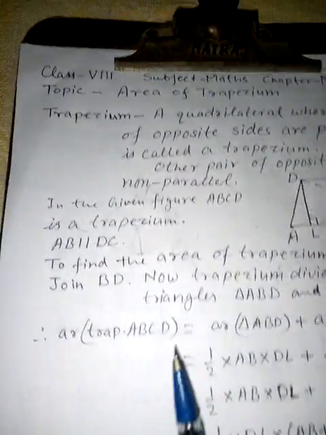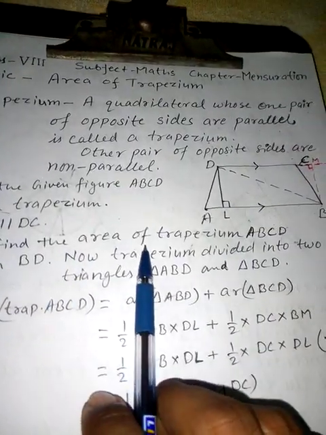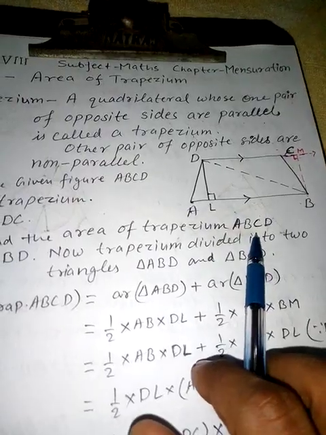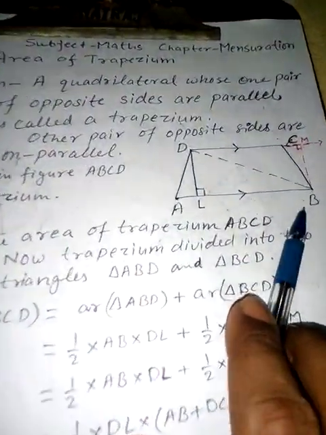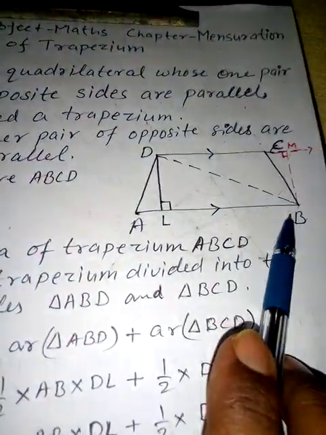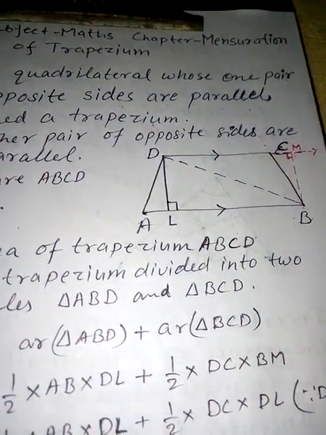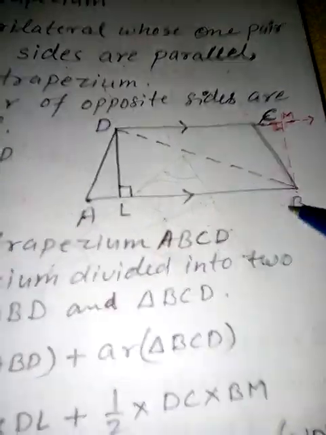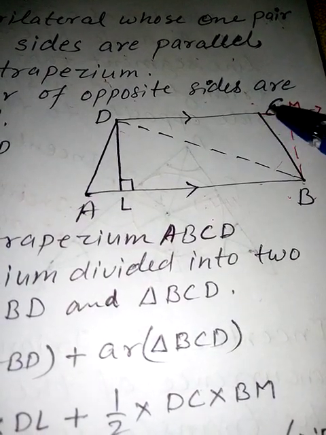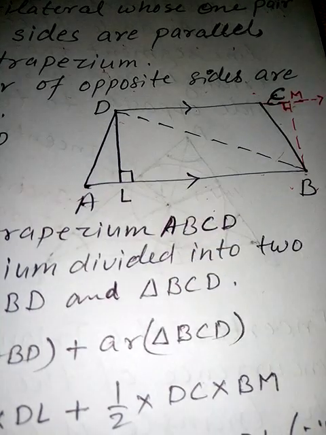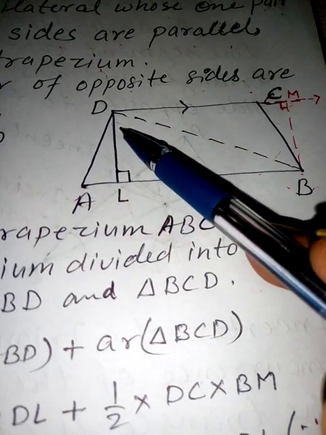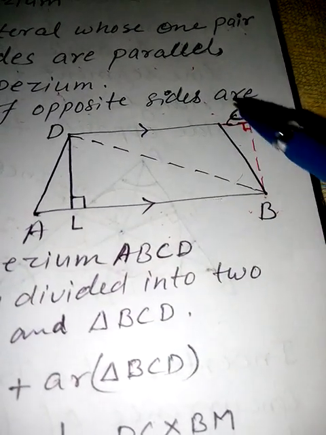Now to find the area of trapezium ABCD, join BD. First we join this diagonal BD, and you can see this trapezium is divided into two triangles. The first triangle is ABD and the second triangle is BCD.